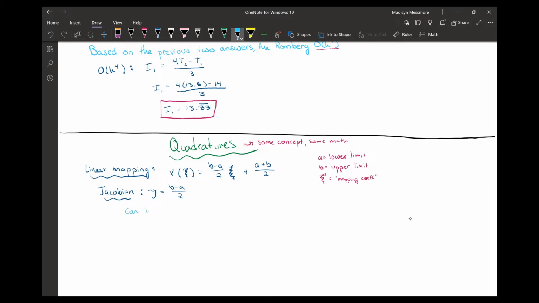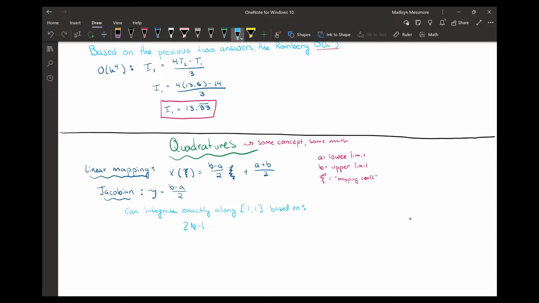Can integrate exactly. Oh, integrate that psi function thing. No, you can integrate whatever integral using quadratures based on the order, (2n minus 1).